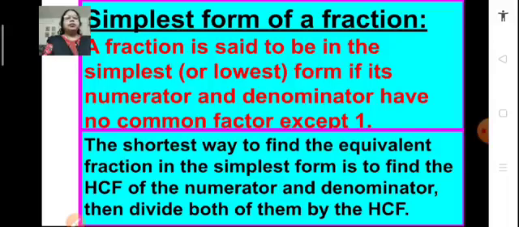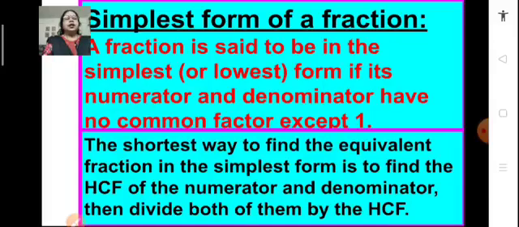Now what is the simplest form of a fraction and how do we find it? A fraction is said to be in its simplest form or lowest form if its numerator and denominator have no common factor except 1. So how do we get it?